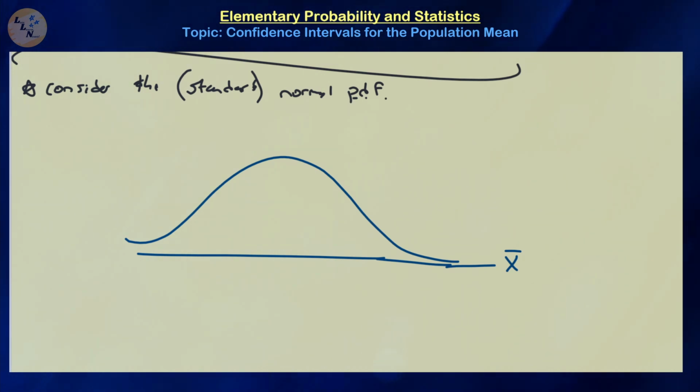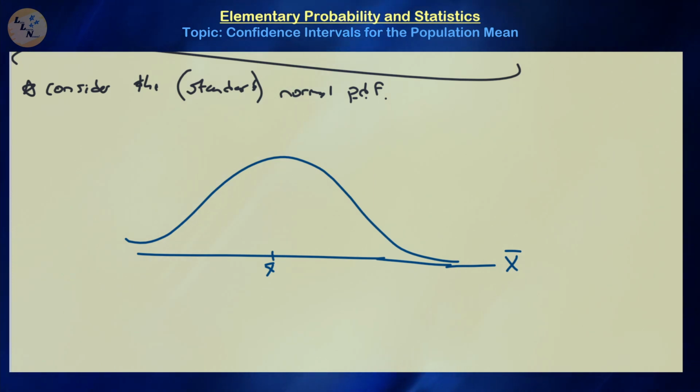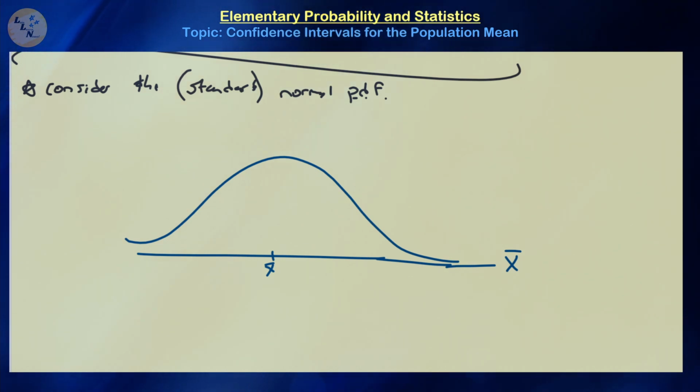Usually we assume that the sample mean that we get, the little x bar, is, without loss of generality, somewhere in the middle of this distribution, near the mean of the population. In order to construct an estimate for the parameter mu, we build a margin of error around our point estimate x bar, which is the point estimate for mu x.